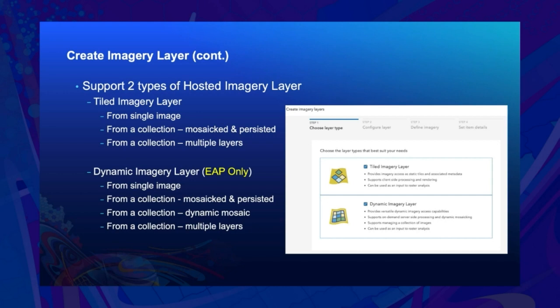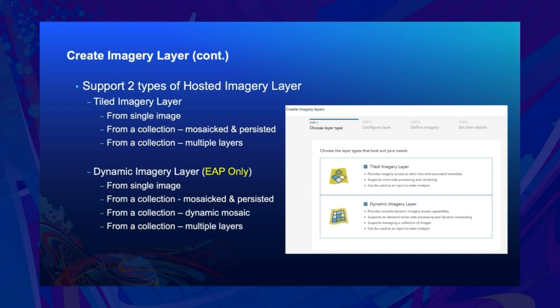One add-on capability offered by the Dynamic Imagery Layer is the dynamic mosaicing capability. If you choose this mode to create a dynamic imagery layer, behind the scenes we'll be creating a mosaic dataset hosted in ArcGIS Online's enterprise database, and then use the mosaic dataset to manage the collection of imagery data you uploaded to ArcGIS Online.